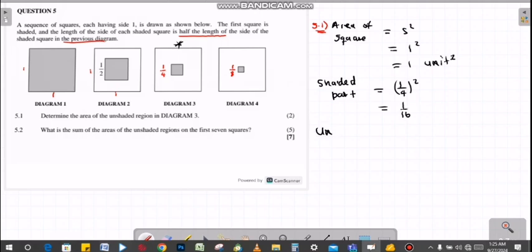Therefore the unshaded region will be equal to 1 minus 1/16, which is, what is 1 minus 1/16? 1 minus 1/16, which is 15/16. 15/16 the same as 0.9375, or we can say 15/16 unit squared.